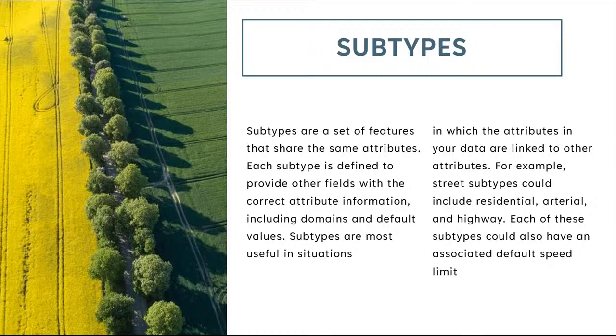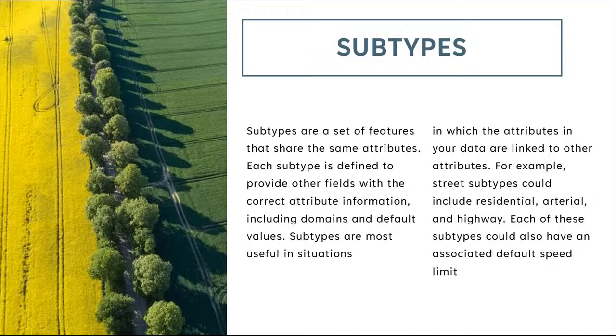Subtypes are most useful in situations in which the attributes in your data are linked to other attributes. For example, street subtype could include residential, arterial, and highway. Each of these subtypes could also have an associated default speed limit.